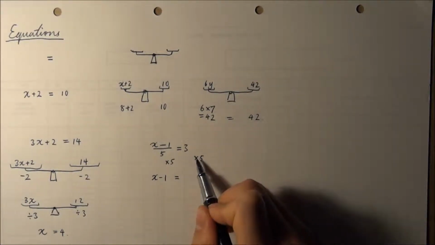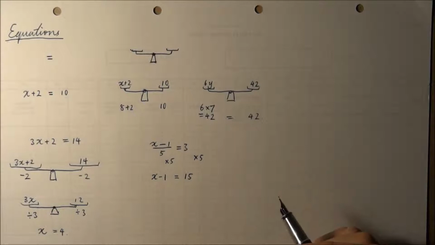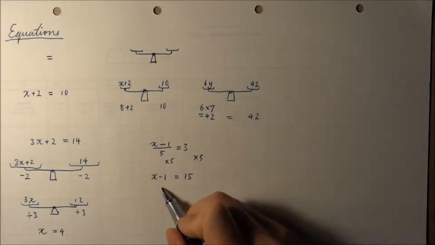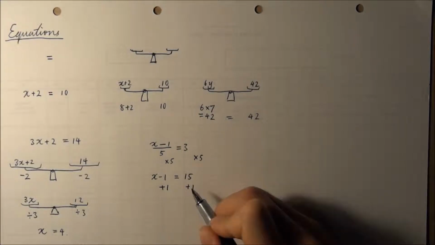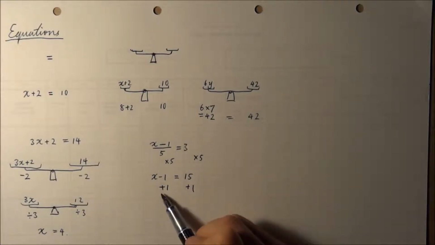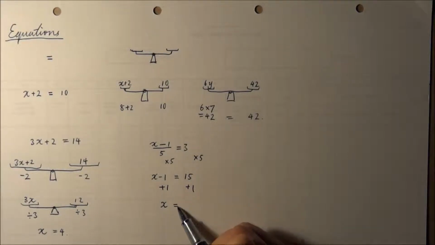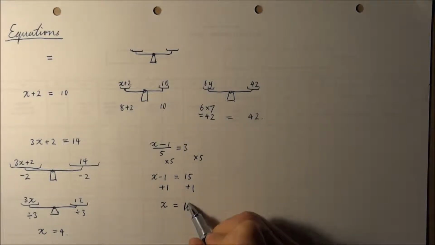And 3 multiplied by 5, we have 15 here. Now we have to undo the minus 1 here. To undo a minus, we plus. Once again, whatever you do on one side, you have to do to the other to ensure that the equation remains in balance. So, plus 1 undoes minus 1, so we have x. And 15 plus 1 gives us 16.